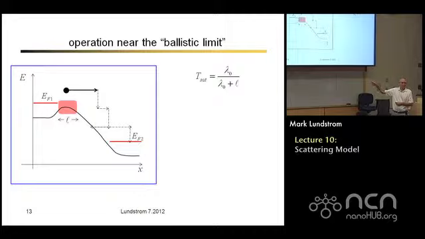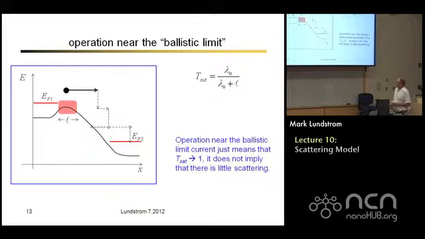And if the device is designed properly and is electrostatically well controlled, then that scattering won't have much effect. It's only the scattering in that little region. So if that little region is near ballistic, even though there's a lot of scattering in the rest of the channel, you'll get the near ballistic current. So when we say that the device is operating near the ballistic limit, we need to be clear that there could be a lot of scattering going on.